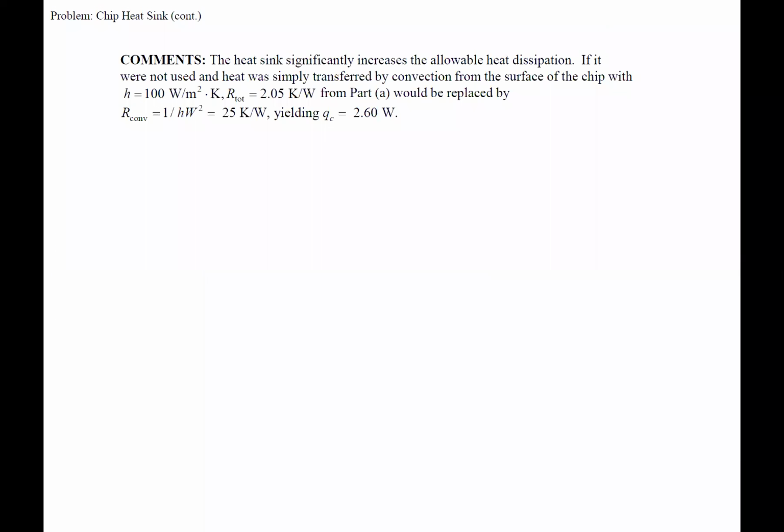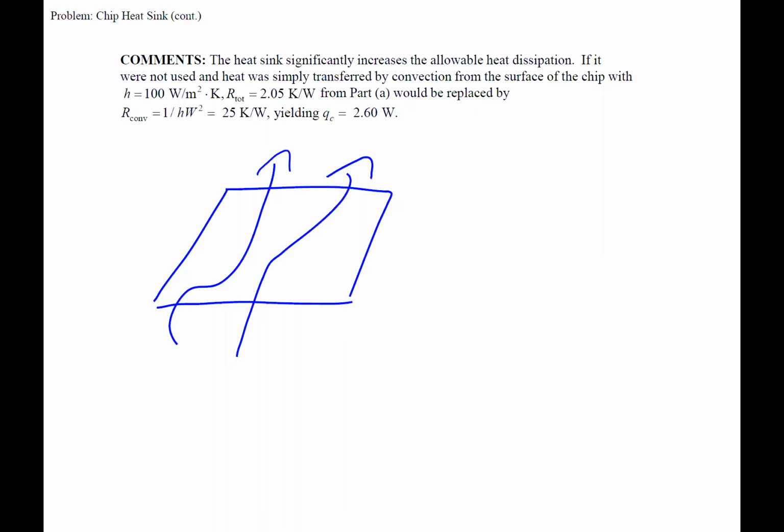Now, let's say instead we just had the exposed area, no fins anymore, and we just had the base, and basically no fin array, and just convection across it. In that case, we can only dissipate 2.6 watts.